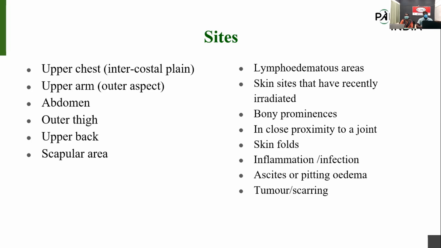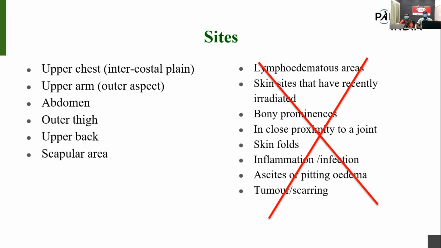Then which are all the areas we cannot give subcutaneous injections? First one, if we notice a patient having lymphedema, for example a breast cancer patient, right side or left side affected, having lymphedema, it's very common. We already know the lymphedema affected arm, forearm or upper arm. We need to avoid that area for the subcutaneous injection.